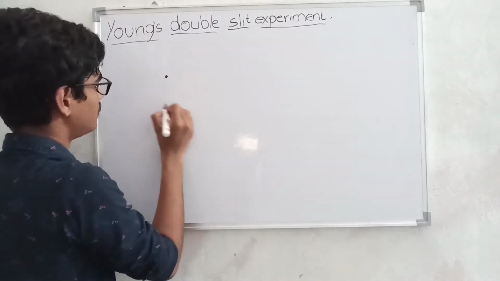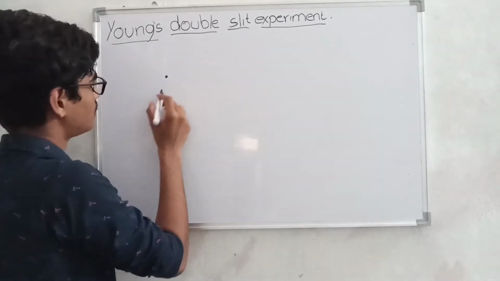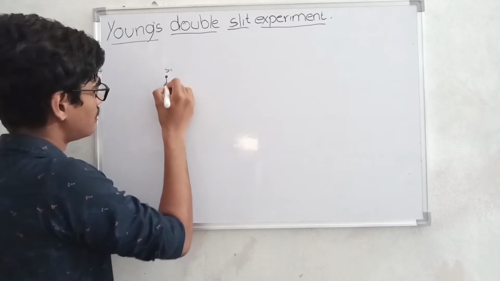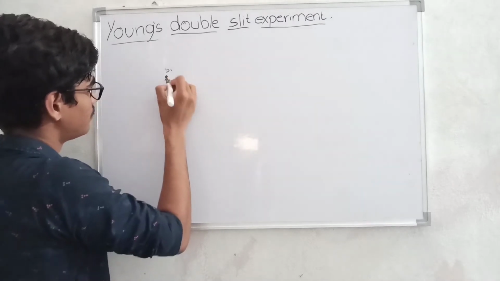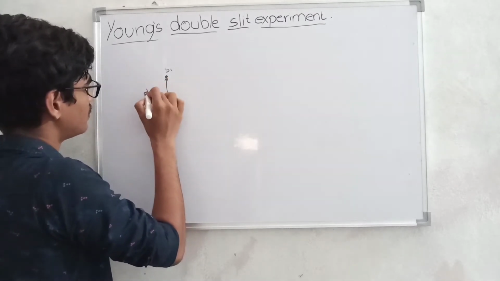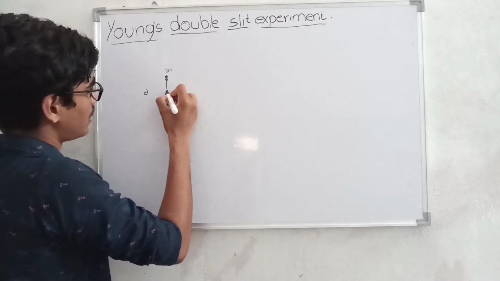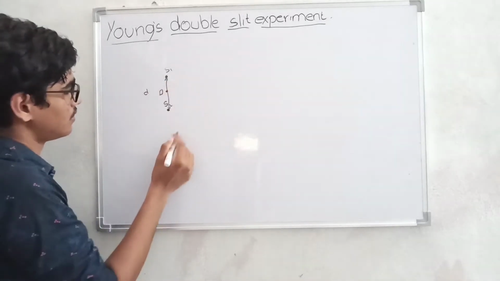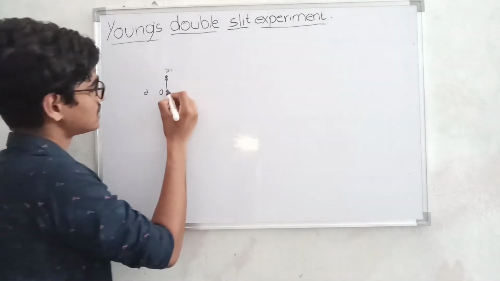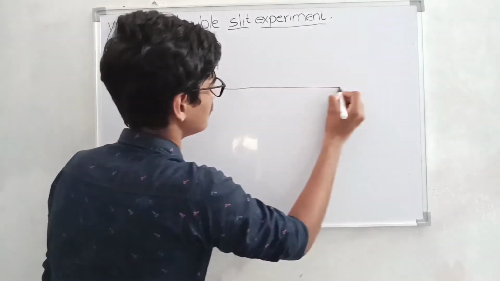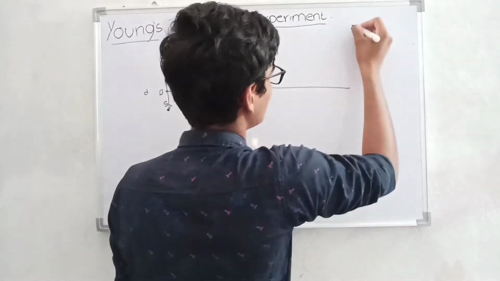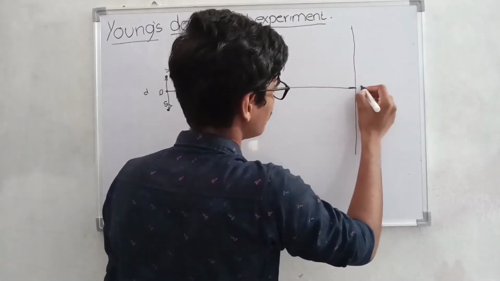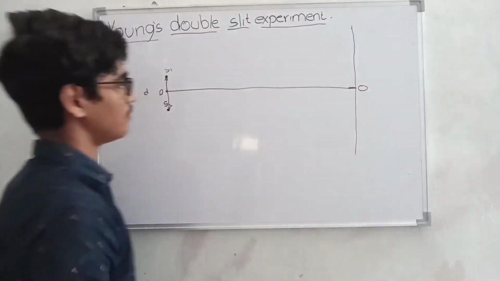Consider these two as the secondary sources S1 and S2, and the distance between them is d, and the midpoint of S1S2 mark it as D, such that draw a straight line from D and place a screen here. Consider this point as O.